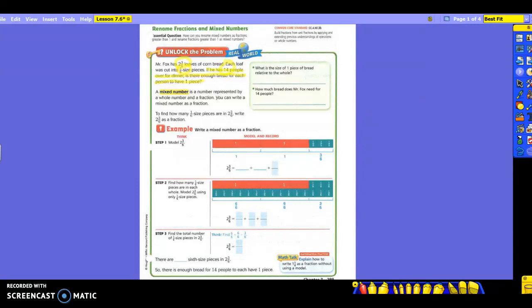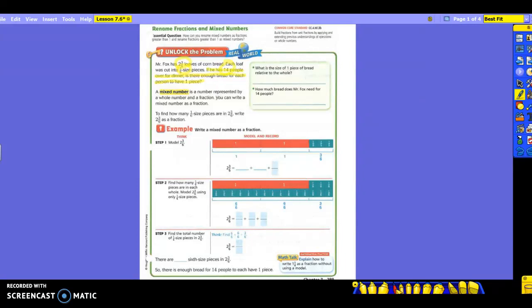Okay? So, over here on the right, it says, what is the size of 1 piece of bread relative to the whole? Well, we have to think about what size of pieces we have and what one of the pieces would be. So what is my whole here? Aiden? 6/6. So what would 1 piece of bread be? Logan? 1/6.